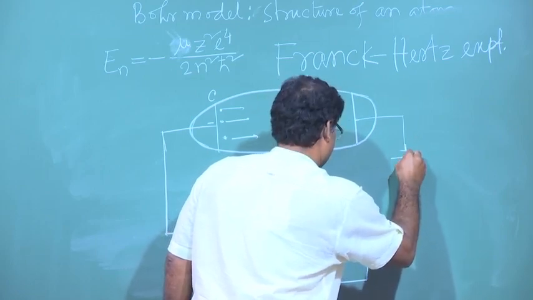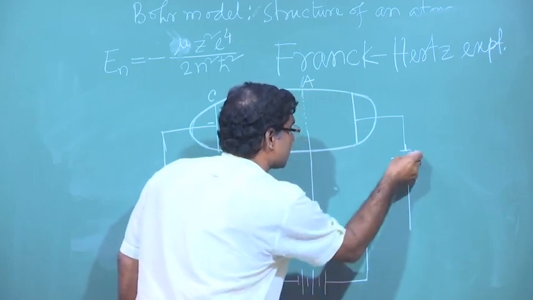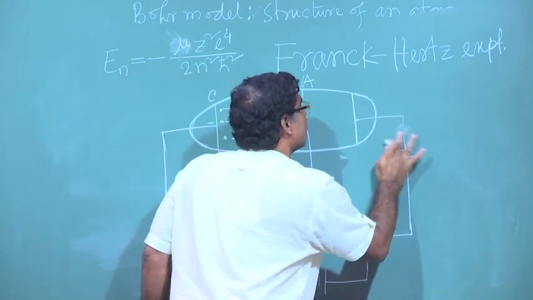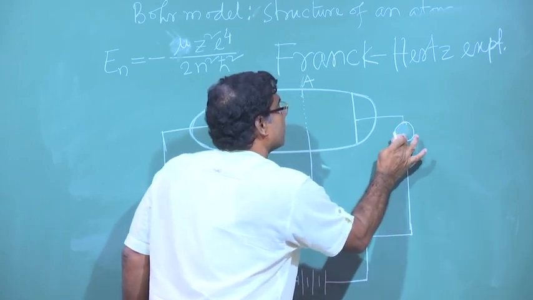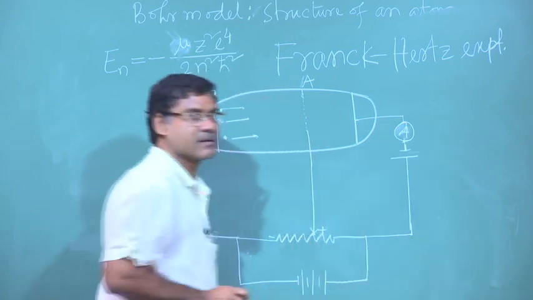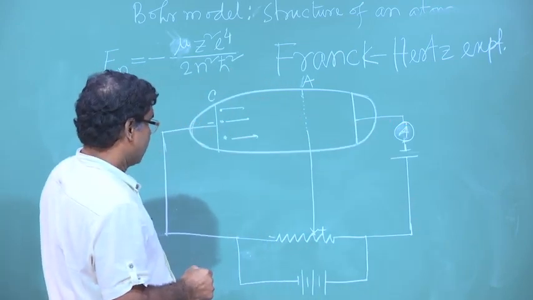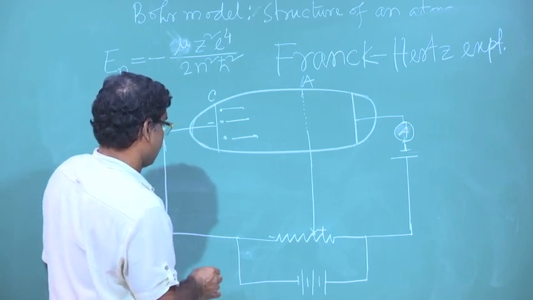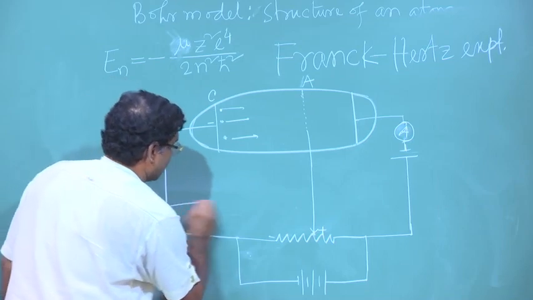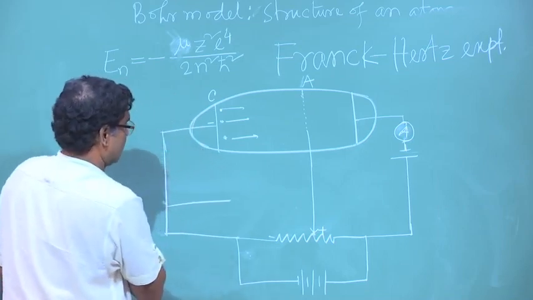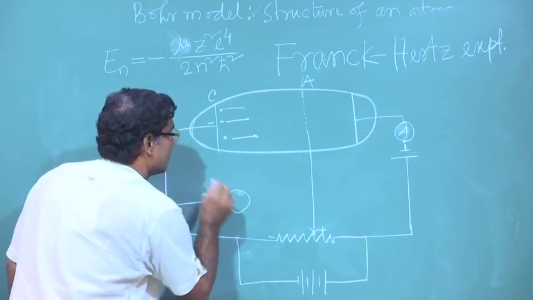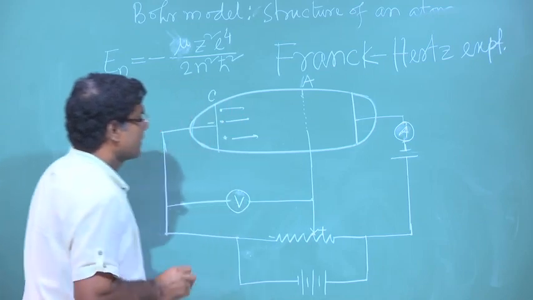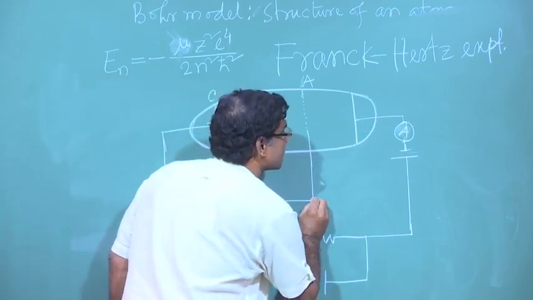Here an ammeter is attached, so it can measure the current, and here a voltmeter is connected, and here another voltmeter is connected.